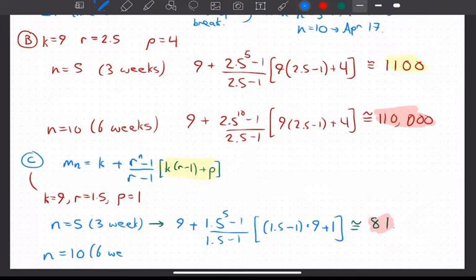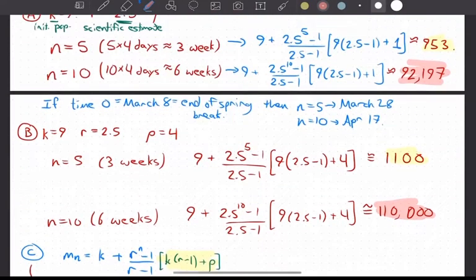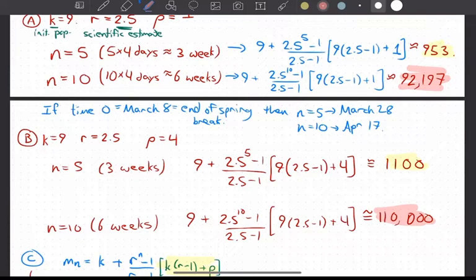It's the same formula, except where n has gone from 5 to 10, and you get a number somewhere around 632. That number is being compared to something around 100,000.